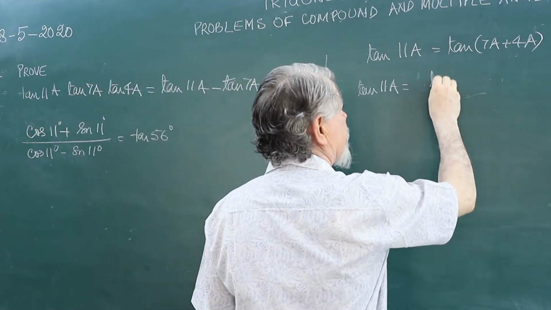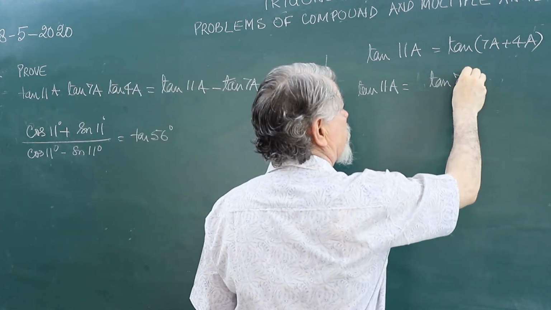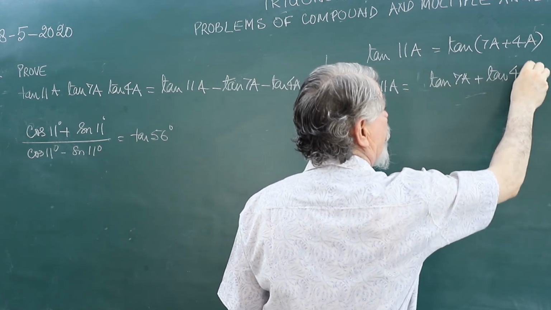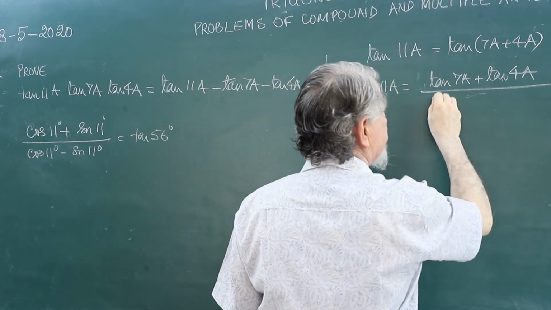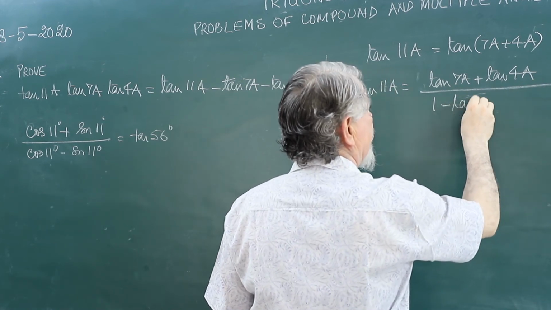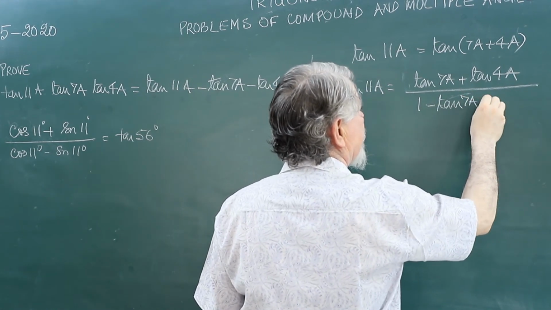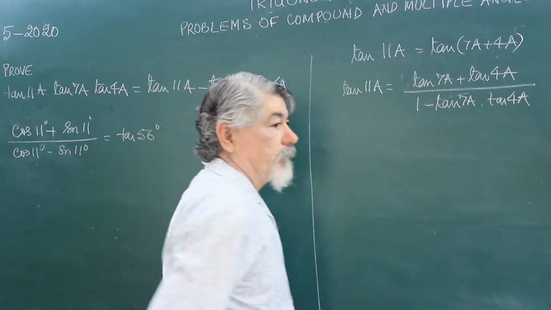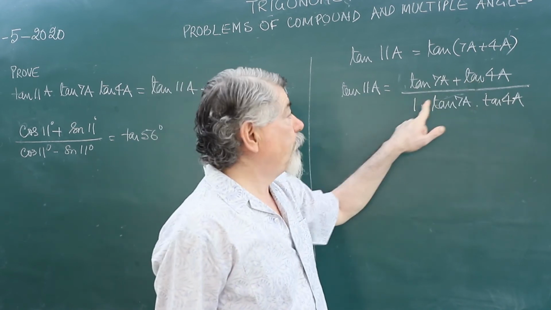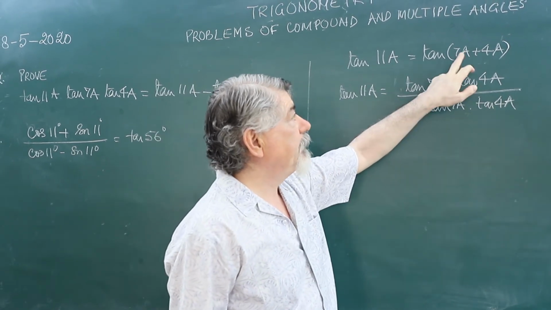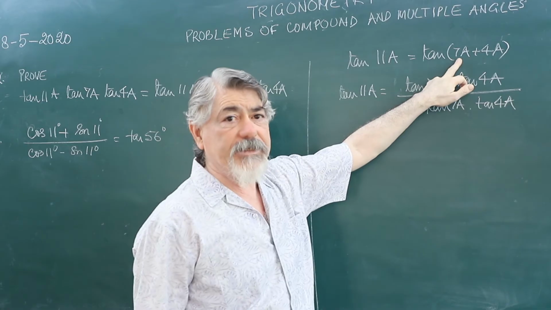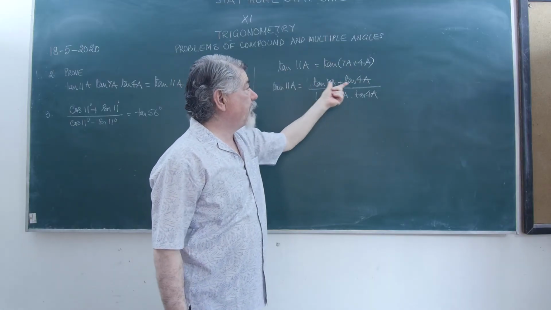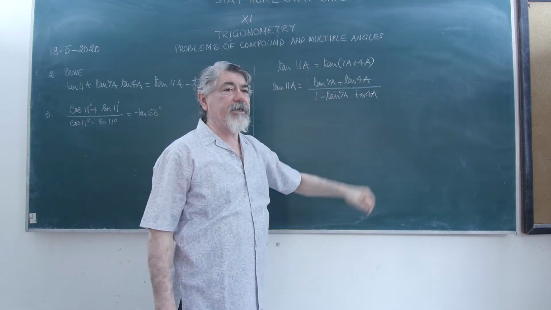It is tan A plus tan B upon 1 minus tan A tan B. Instead of A I have 7A, instead of B I have 4A. So tan 7A plus tan 4A upon 1 minus tan 7A tan 4A.